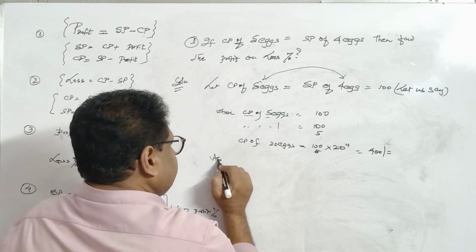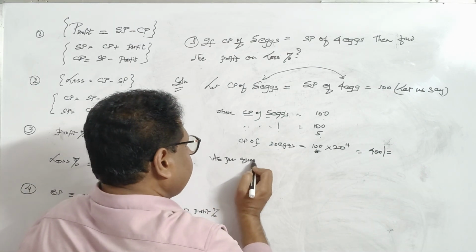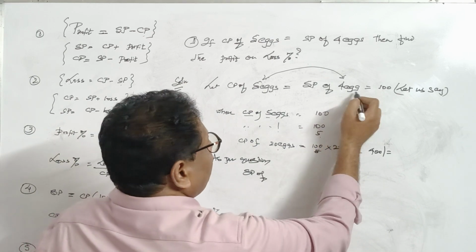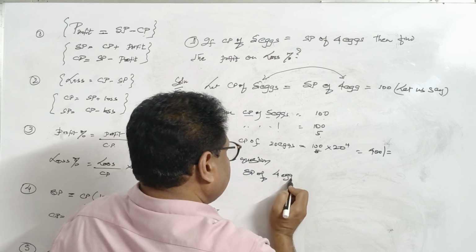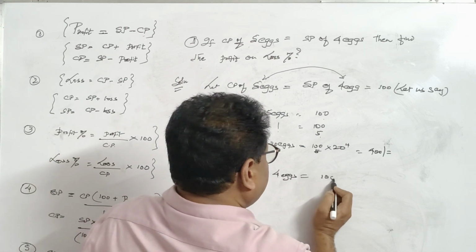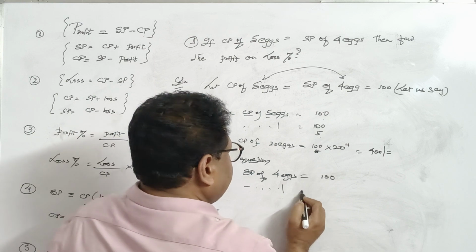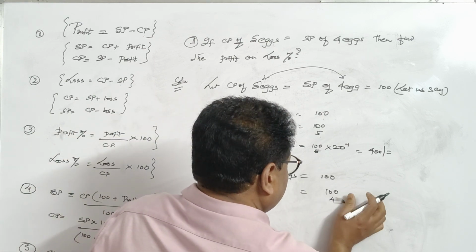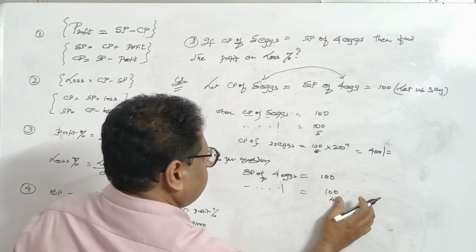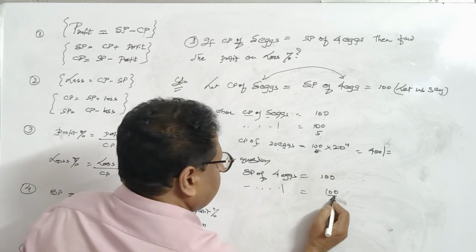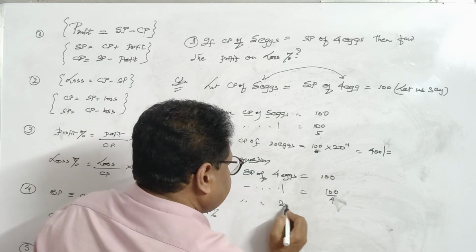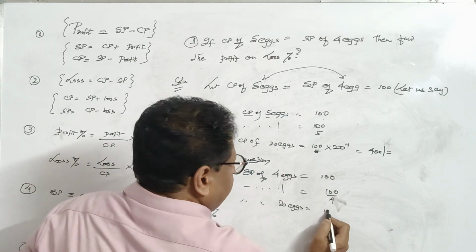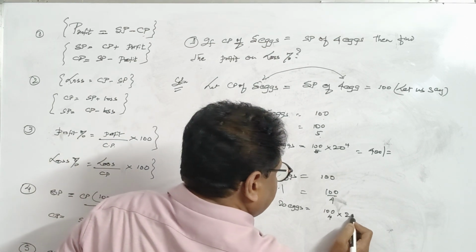Now, as per the question, SP of 4x is also 100. So what about SP of 1x? This will be 100 by 4. So SP of 20x will be 100 by 4 into 20.